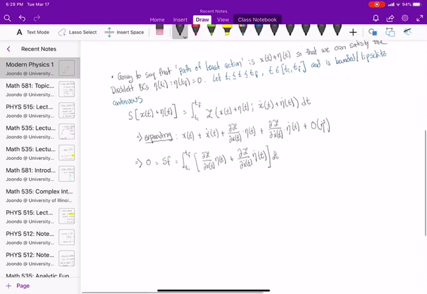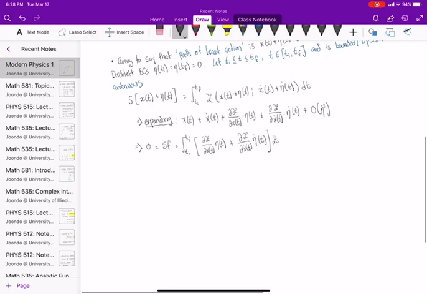Let us say u here is going to be the partial derivative of the Lagrangian with respect to x prime of t, such that du is equal to the derivative with respect to time t of the partial derivative of the Lagrangian with respect to x prime of t.